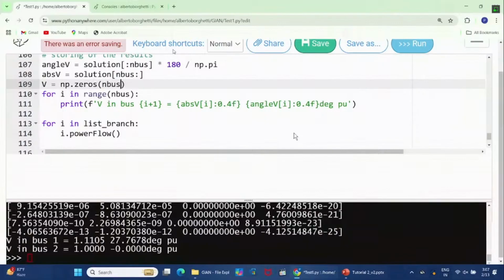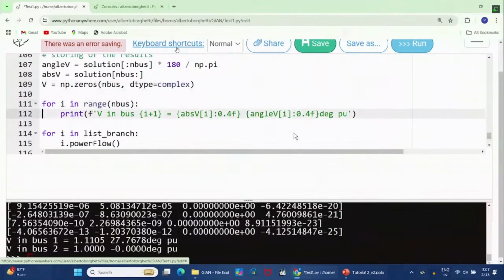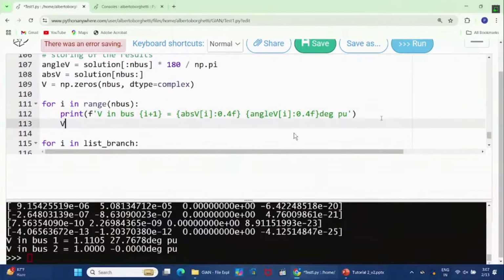In order to be sure that they are complex, I put also dtype equal complex, because 0 can also be integer. And inside this for, other than printing, we can also add the instruction that we want the result stored in V as a complex number.